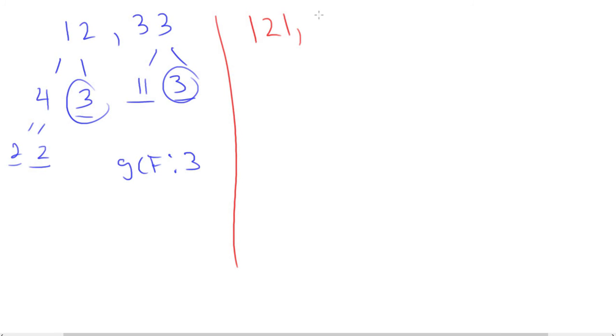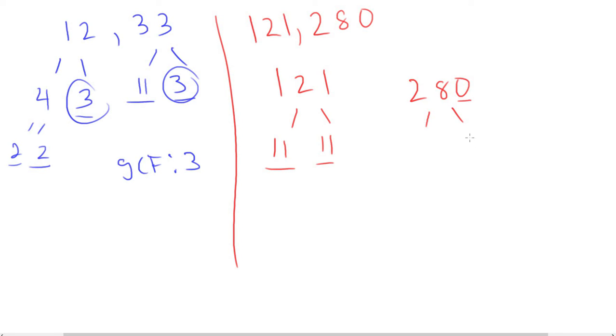I have 121 and 280. We're going to do the same thing. I know 121 is 11 times 11, both prime. I have 280. I can see it has a 0 on the end. I'm looking at the pattern.